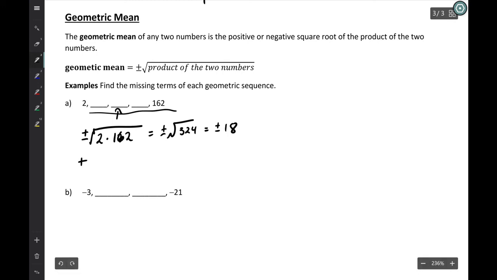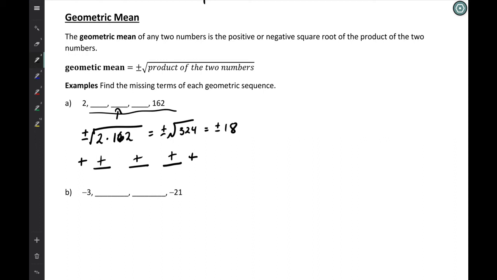If I have positive, something, something, something, positive, I can go through and figure out what are my signs going to be? What possible signs could I have? Well, let's say my r is positive. So a positive times a positive is positive. A positive times a positive is positive. Positive times a positive is positive. Okay, so if r was positive, all of my values are going to be positive.